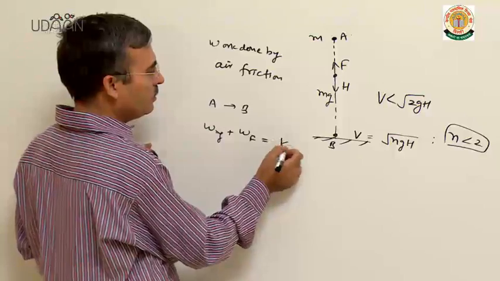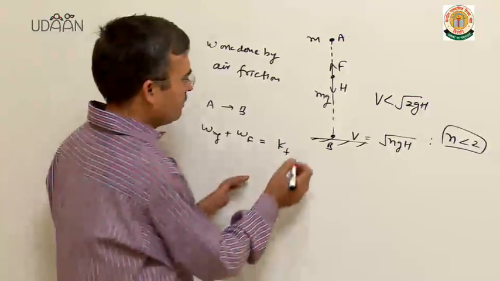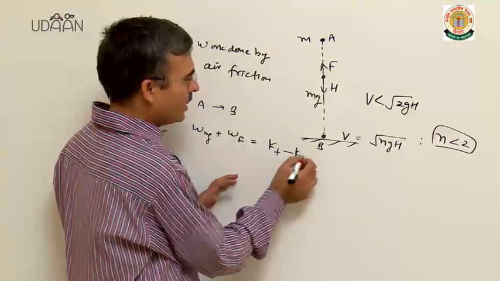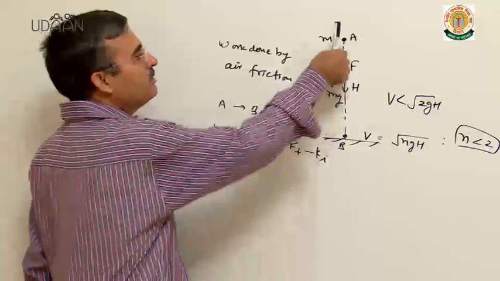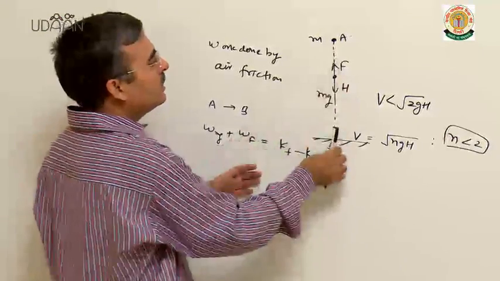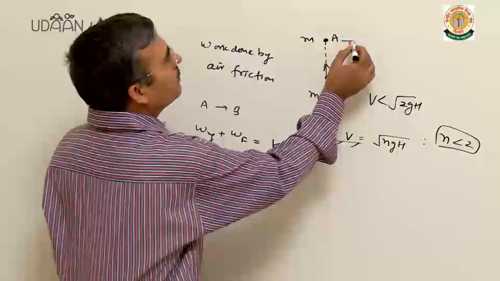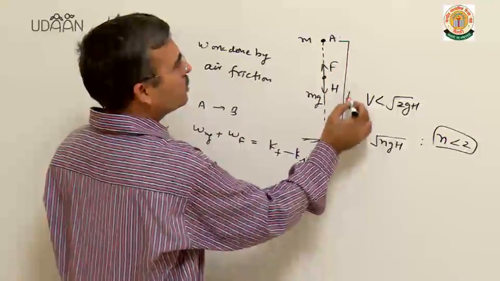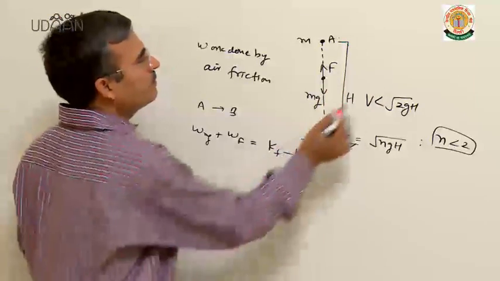This will be equal to final kinetic energy minus initial kinetic energy of the body. Work done by mg. Mg is working downwards. Displacement is downward. ये हाइट पूरी कितनी ली है बच्चों? h. Clear?